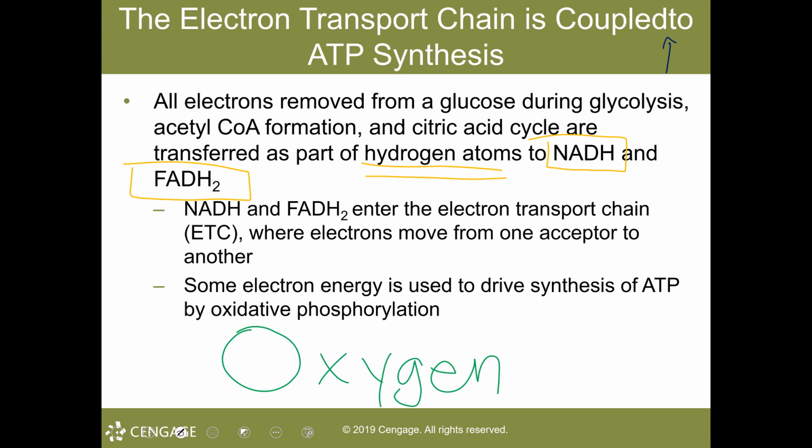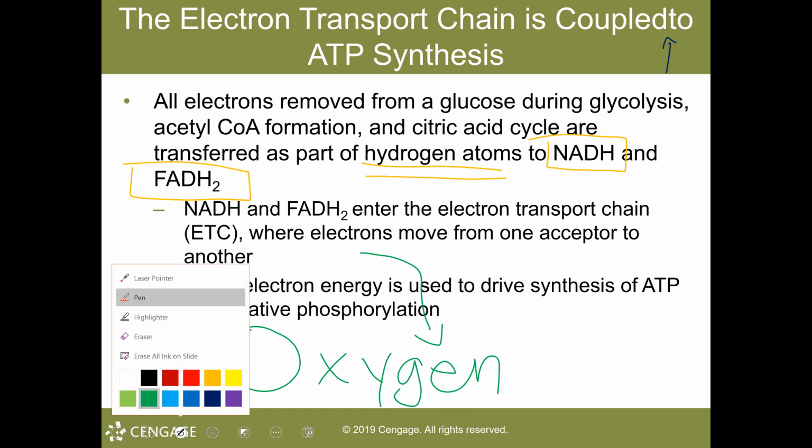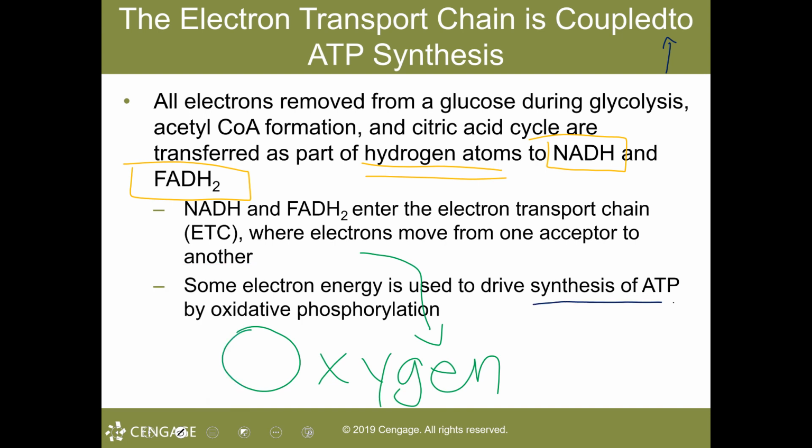That's where those electrons are moving as they go down the electron transport chain. Some of the energy is going to be used, driving the synthesis of ATP, all by the process, class, of oxidative phosphorylation.